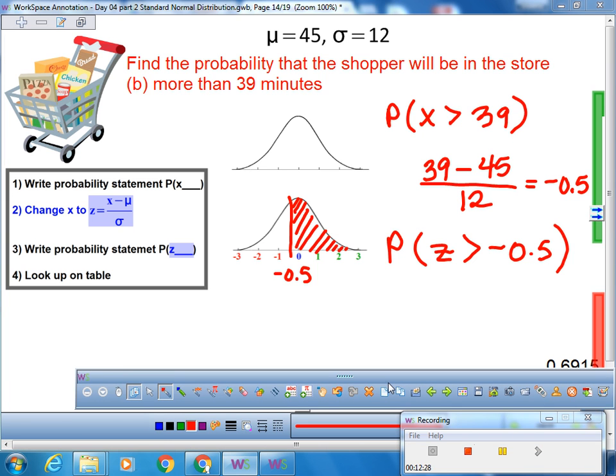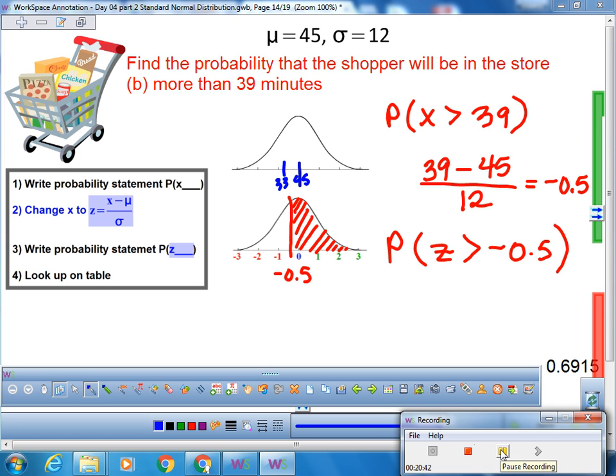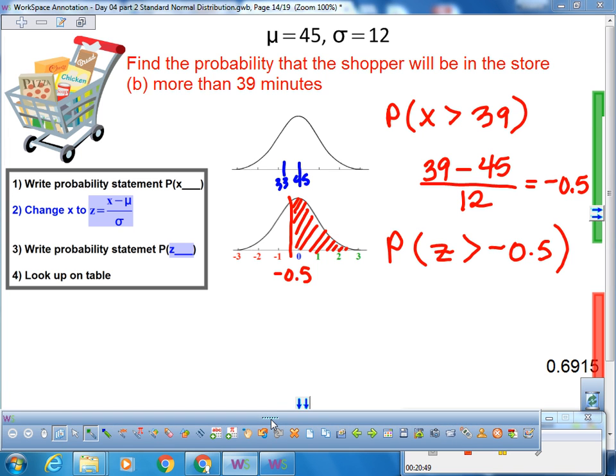All right, so a score of greater than negative 0.5. I don't have that on my Z chart. If I put negative 0.5 in my Z table, what area of the curve is it going to give me?